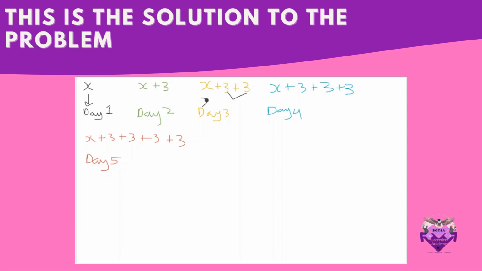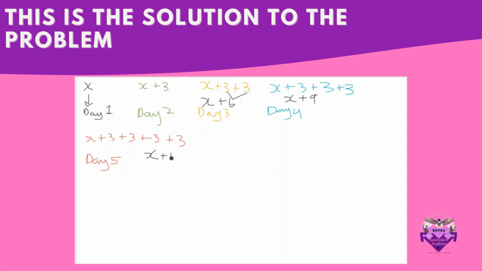So this will actually be X plus 6. On day 4, he would have sold X plus 3, and 3 and 3 is 9. And on day 5, he would have sold X plus 12.